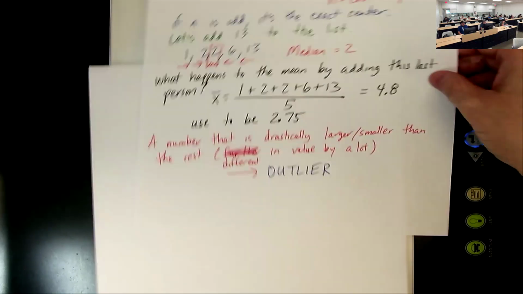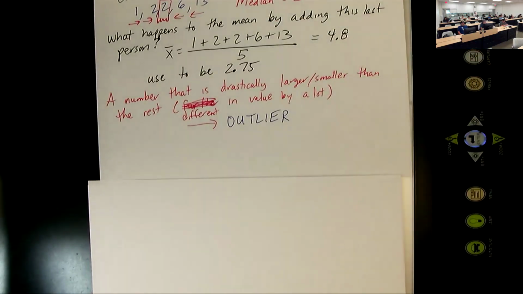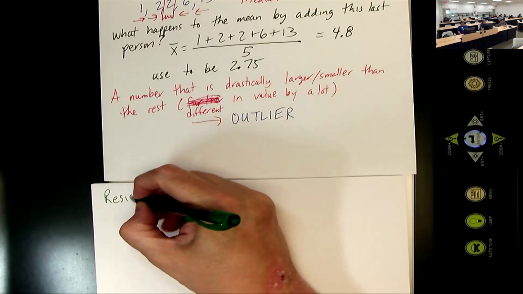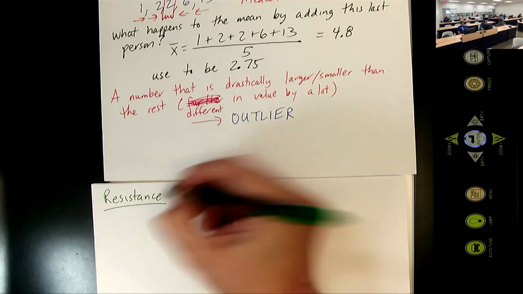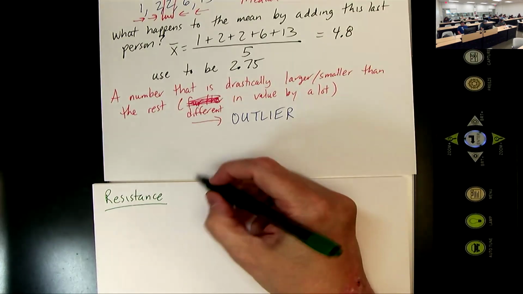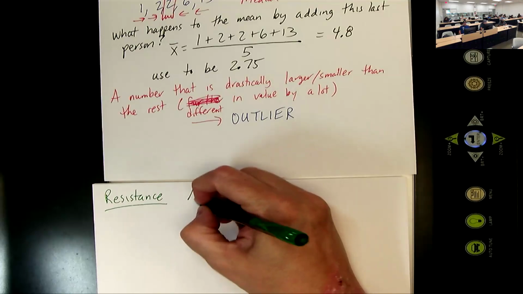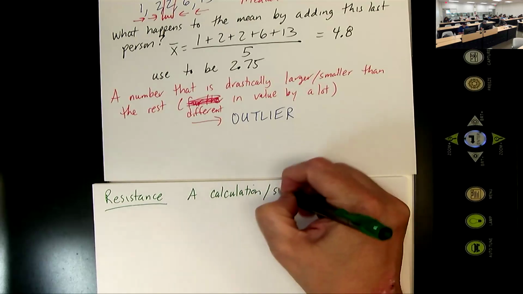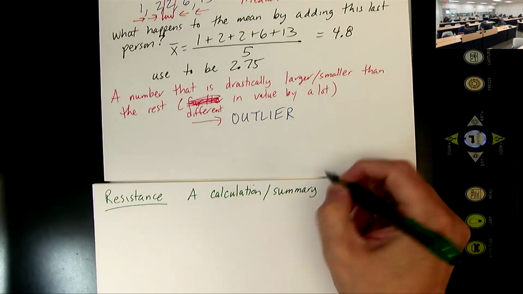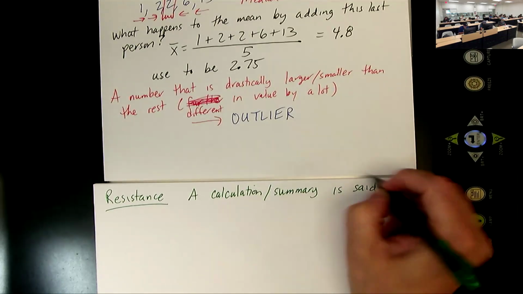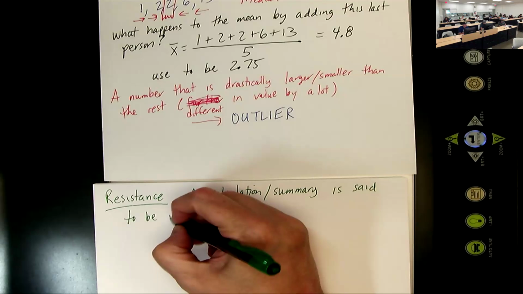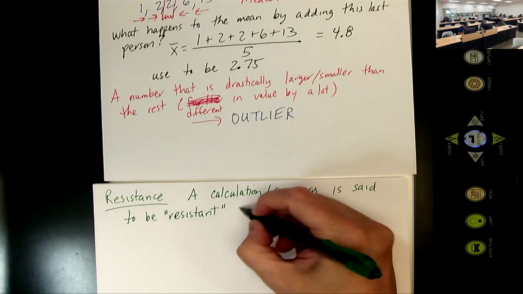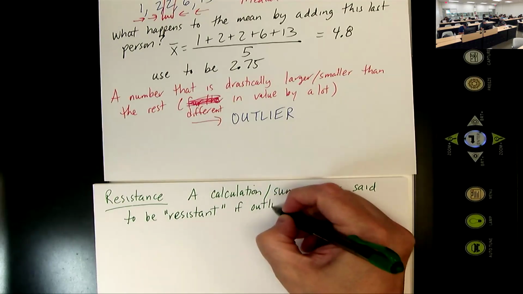And that also leads to another idea: resistance. A calculation or summary is said to be resistant if outliers don't affect it much.